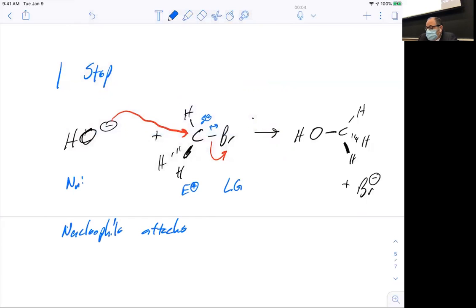Some people don't like the word attacks, but the way I learned it, I don't think it's that offensive. The nucleophile is giving its electrons to the electrophile, if you want to talk about it that way. And the leaving group leaves.